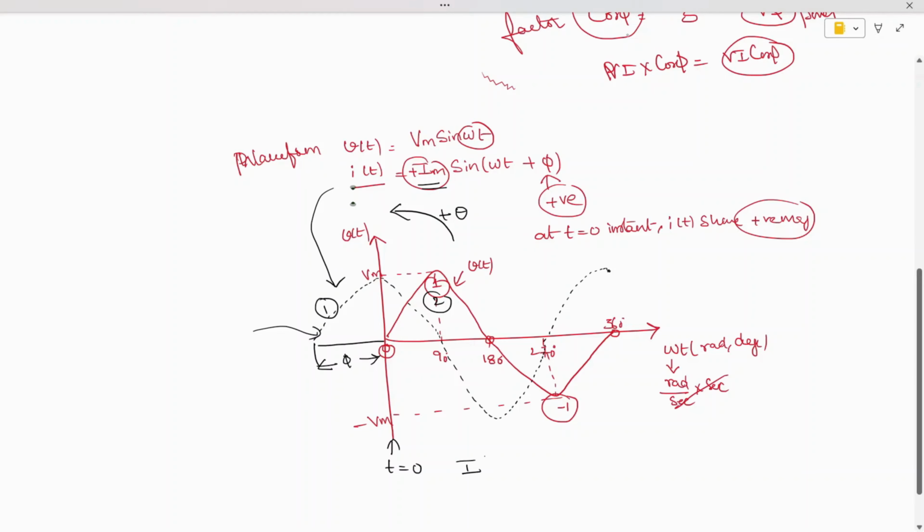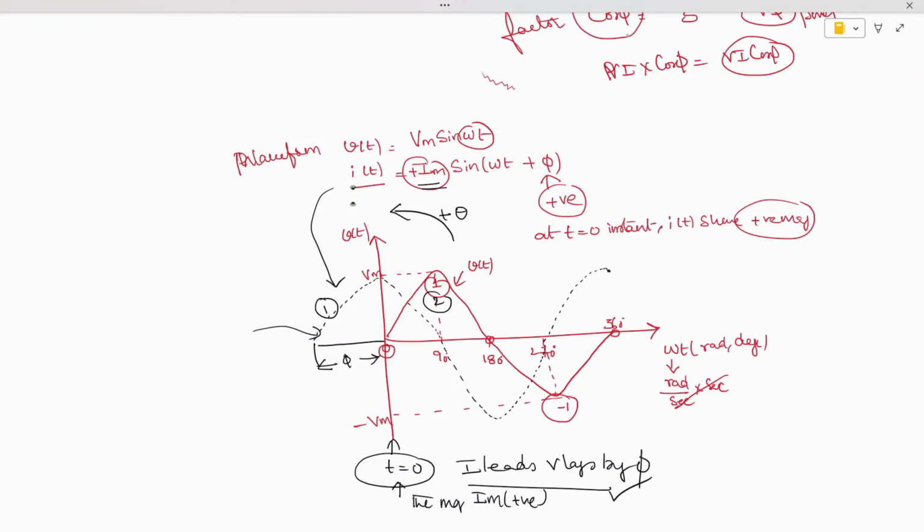I can say current leads voltage, or voltage lags, by an angle of phi at t equal to 0. So at t equal to 0 the magnitude of current Im is positive, then I can say that current leads the voltage by 90 degrees. This is how to draw the phasor diagram. Hope you are able to understand.